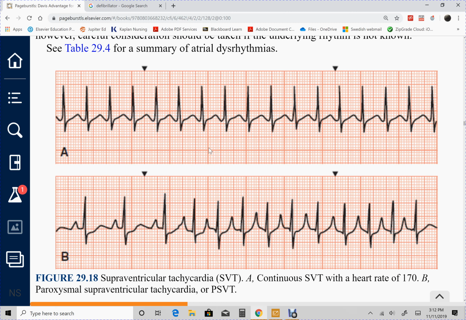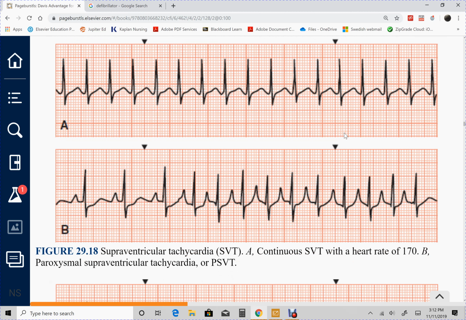And unlike sinus tach, wherein there are normal P waves and the PR interval is normal, all the other measurements are normal. This one is no longer normal. Here you can't really discern your P waves. Okay, and then the heart rate is just ridiculously high.